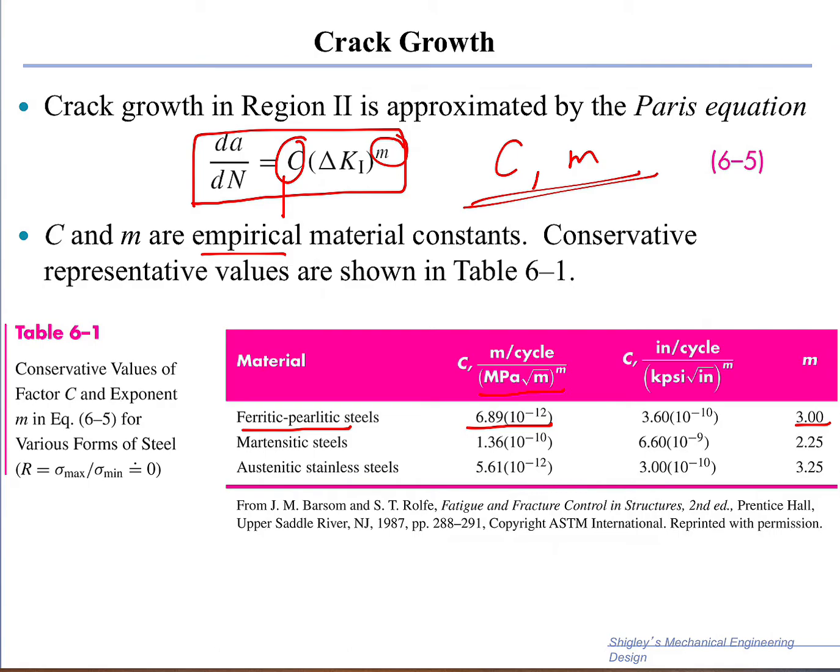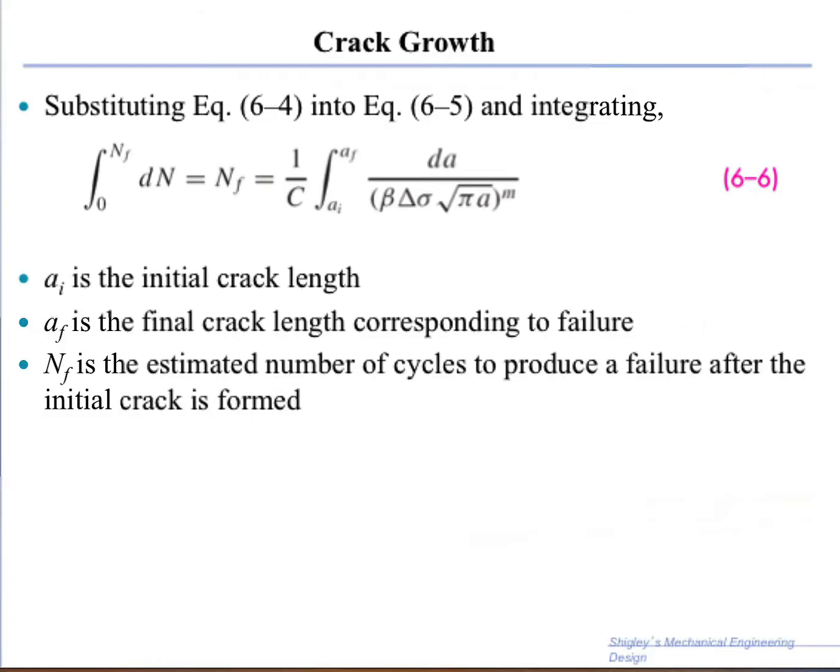Similarly, for martensitic steels, you get higher growth rate per cycle, and for austenitic, you get lower, and these are the corresponding exponents for each case. In other words, for each material, we could use the two constants that the Paris equation will give us to describe crack growth.